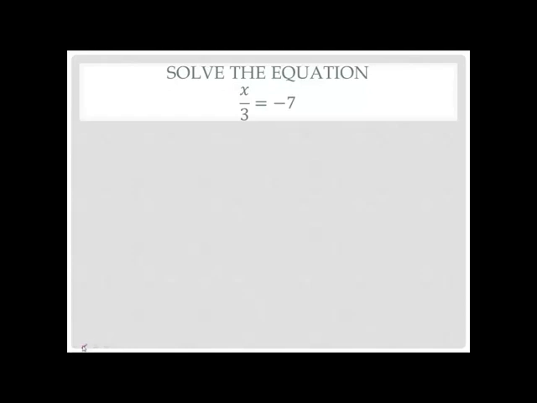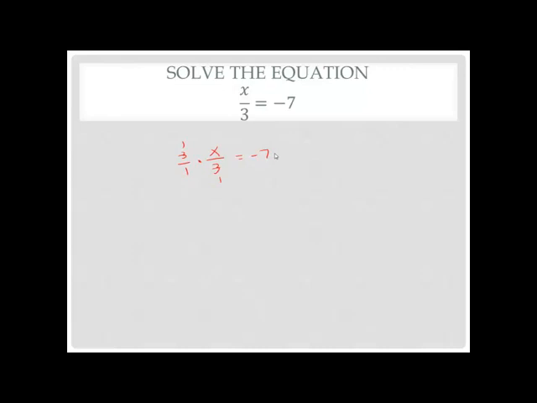Okay, what about this one? X divided by 3 equals negative 7. Well, I want to do the opposite of x divided by 3, so I want to multiply by 3. And remember that 3 is the same thing as 3 over 1. And this uses the principle that I can simplify those 3's there because they cancel each other out.